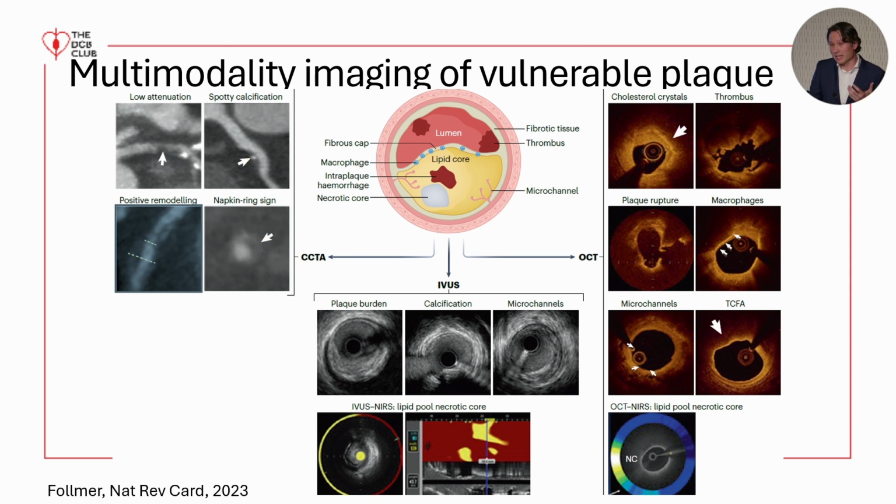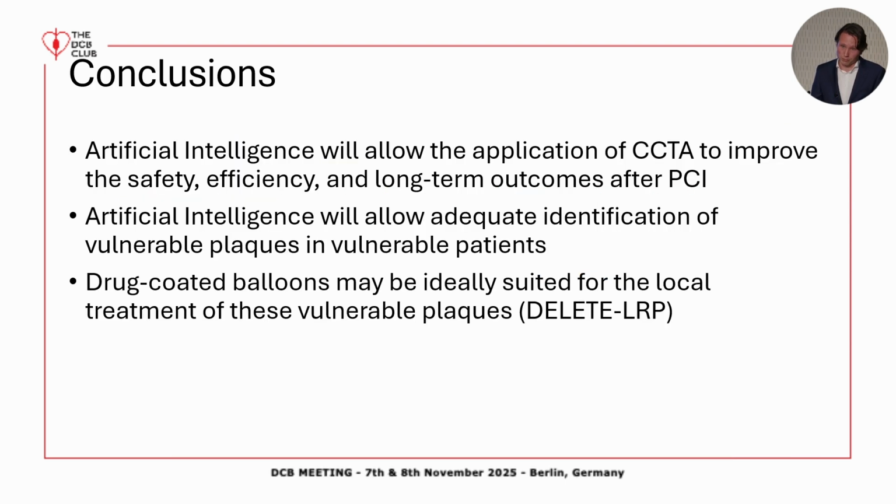I think intracoronary imaging will always be an integral part of the procedure because the CCTA only gives you an idea about the initial situation, but obviously you want to know what happens after you've been working in the coronary artery as well. And this can also be a way to confirm the potential presence of vulnerable plaque and maybe do a treatment of the vulnerable plaque if that's shown to be effective in clinical research.